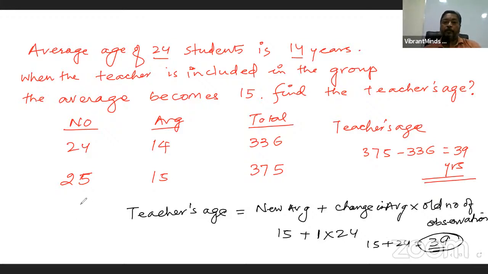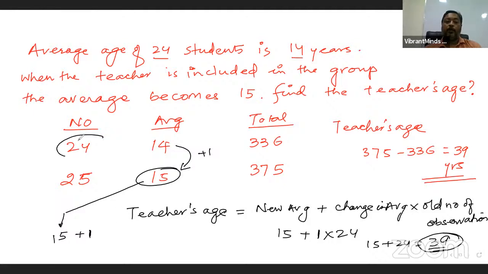Is it okay? Once again, understand it. The new average is what? 15. Change in average is what? Plus 1. So I am writing it as plus 1. Old observation is what? And that I have to multiply into 24.